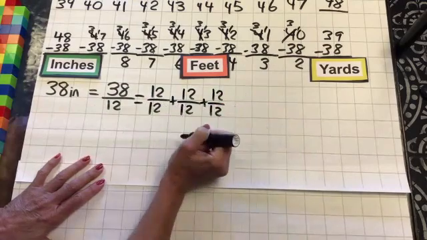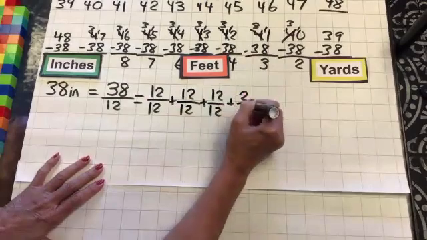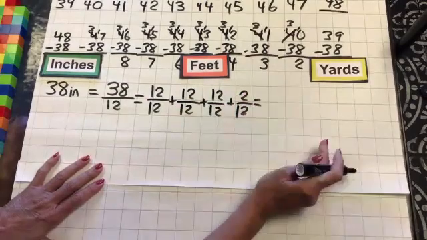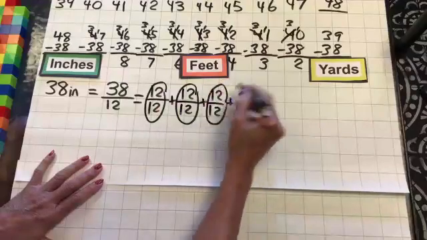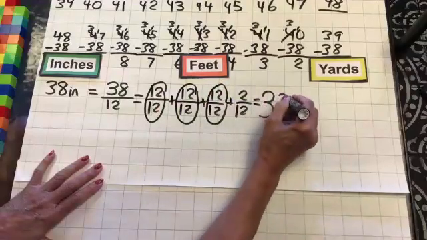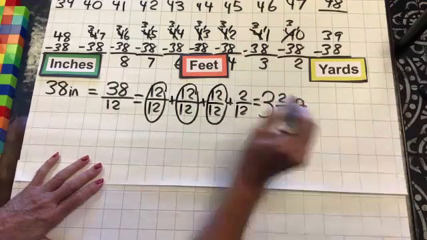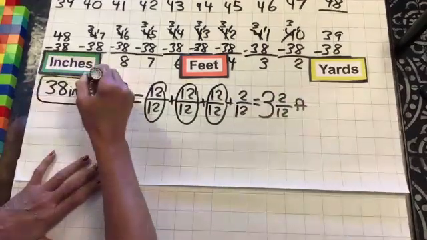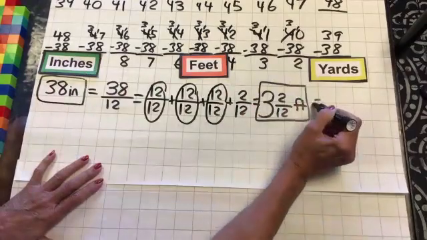And that's 3 twelves is 36. And that means we have 2 more left. So 1, 2, 3 whole feet and 2/12. So 38 inches is the same as 3 2/12 feet.